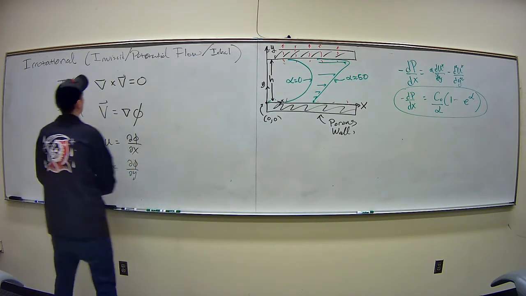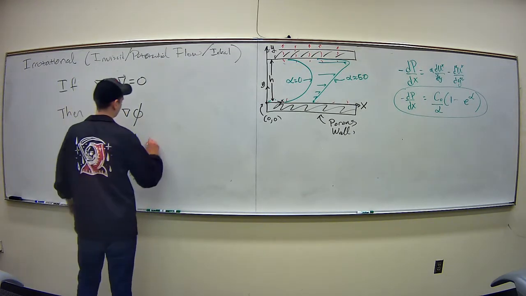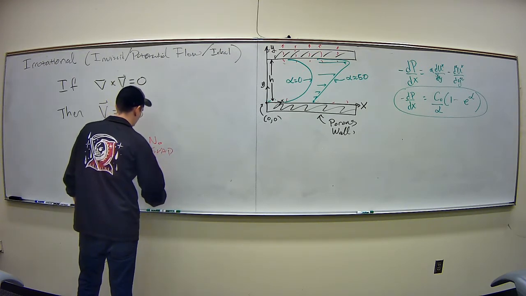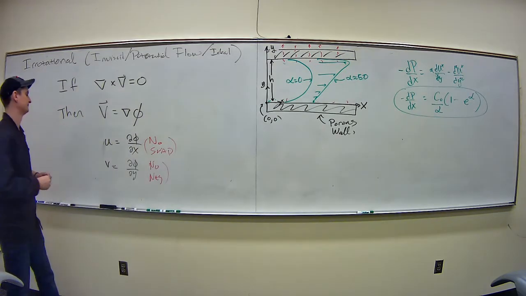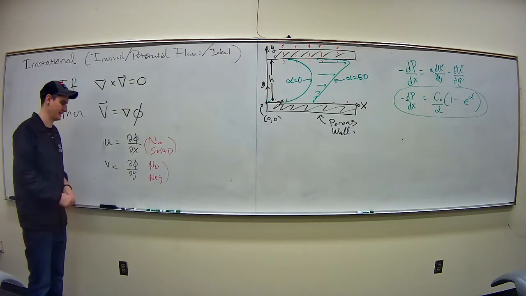So importantly, remember that when it comes to irrotational flows and potential flows, this is the difference: no swap, no negative. It's just straight up. So phi with x gives you u. Phi with y gives you v.